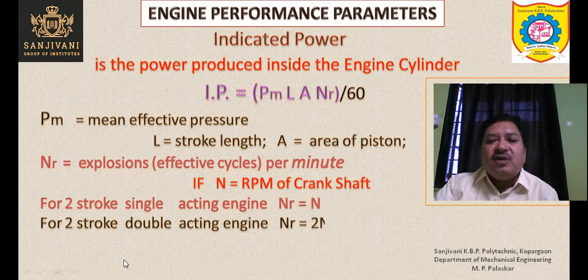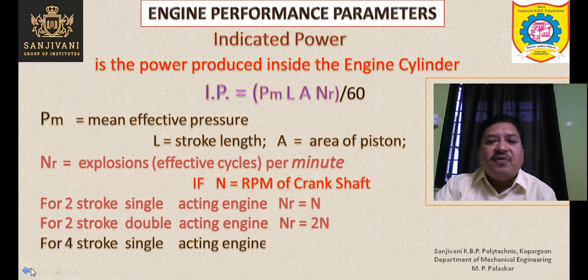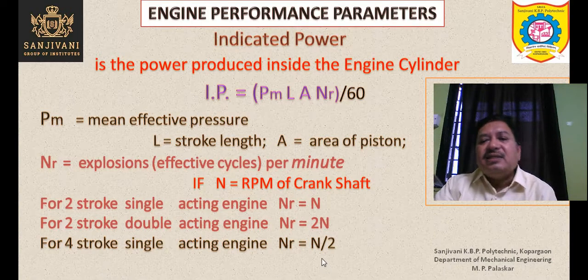For a 2-stroke double acting engine, we get NR is equal to 2N, because double acting means the number of effective cycles are doubled. So this NR, the number of explosions or effective cycles, is equal to 2N. Now for a 4-stroke engine, these effective cycles are half the RPM.